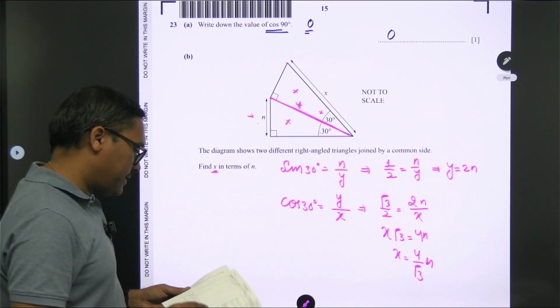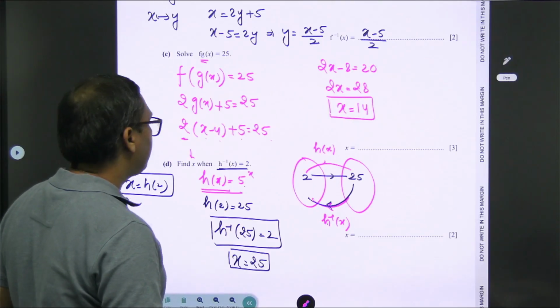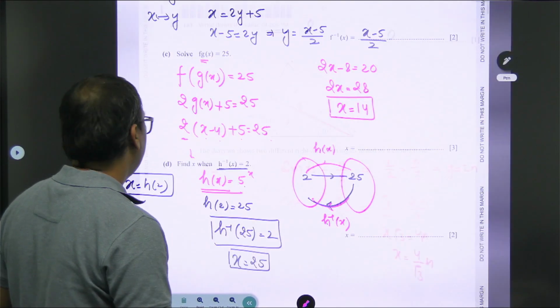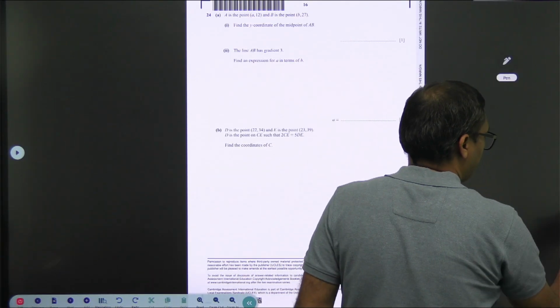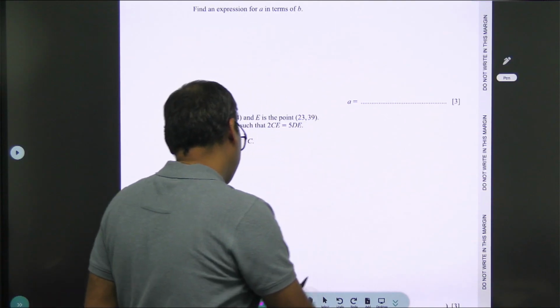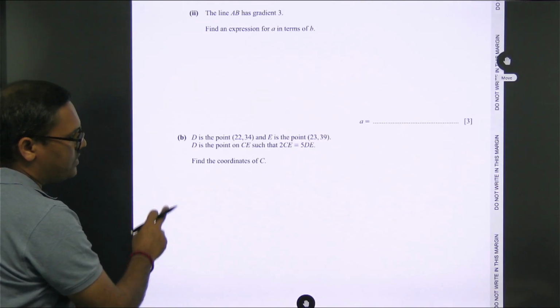I hope this is clear. Now I think this is the last question on this paper, question number 24.